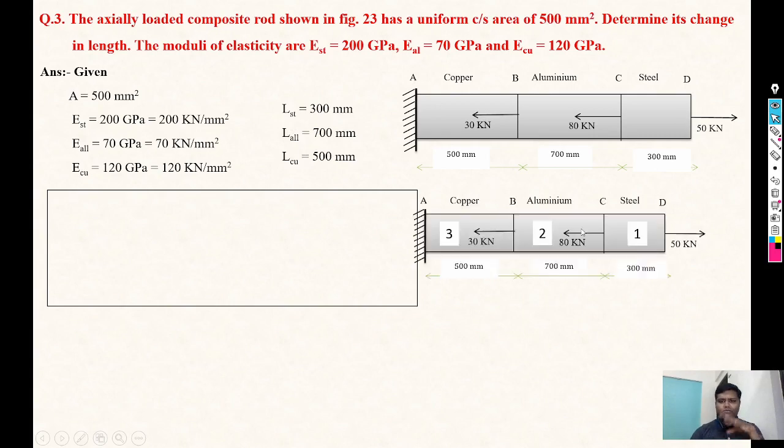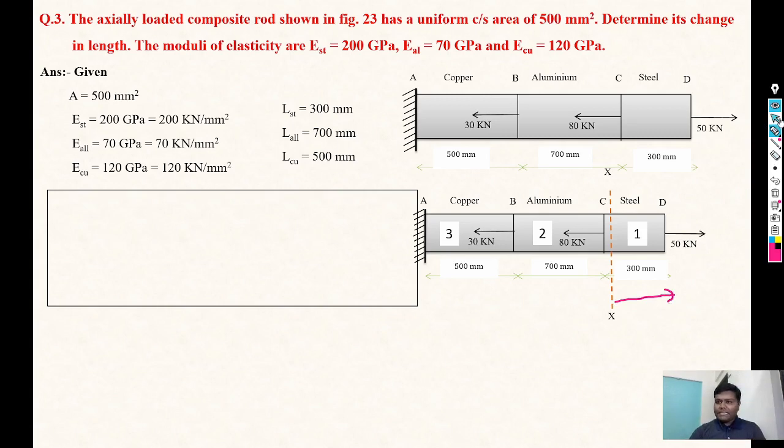So first we will start from right to left. The first section is CD. For that section we will consider the XX section near the C point, and then we will focus on the right side of the section, because we have started calculation from right to left.